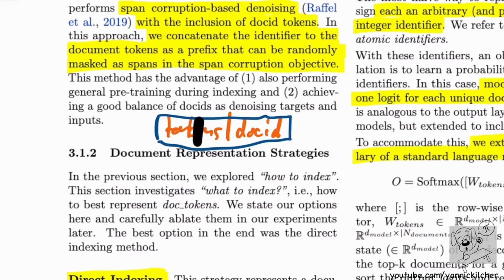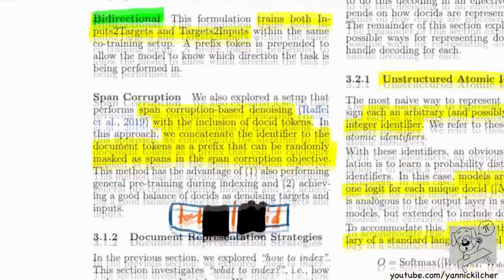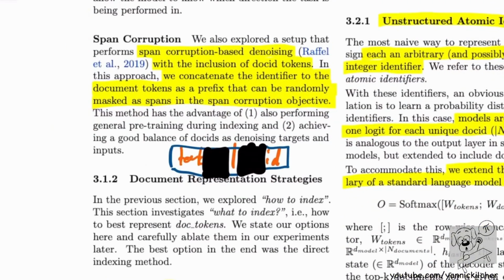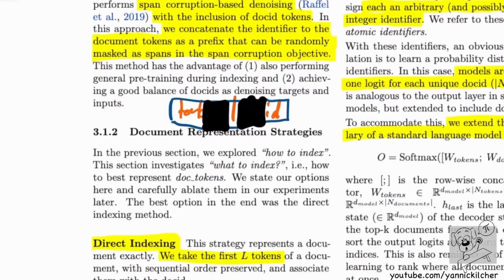That means you can mark out any random spans, which also means that sometimes you mask out the document ID or part of the document ID, and that forces the model to learn. It's a bit like BERT's masked language modeling, if I understand this correctly. However, this also doesn't seem to work super well for them, even though it has worked well in other papers that have done things in the sequence-to-sequence space.